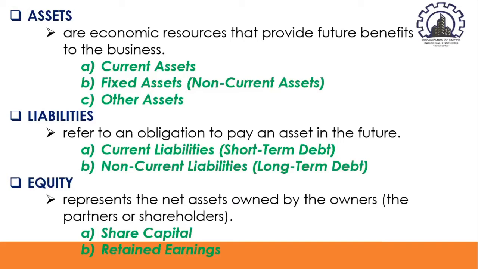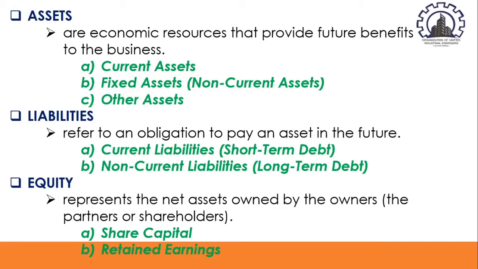inventories, and many others. On the other hand, fixed assets are long-term assets that a company has purchased and are used for the production of its goods and services. And this is also known as non-current assets, meaning the assets have a useful life of more than a year. And fixed assets include PP&E, or property, plant, and equipment.